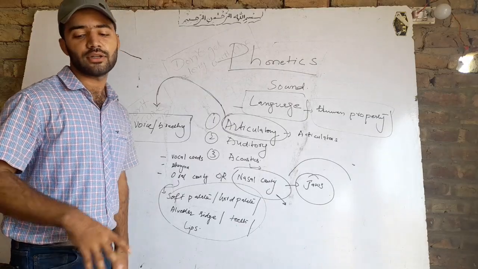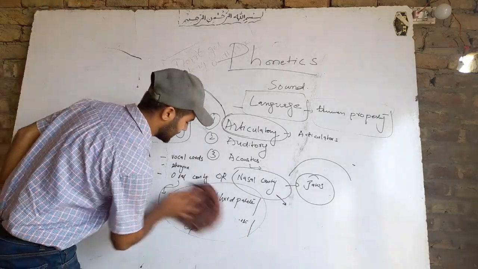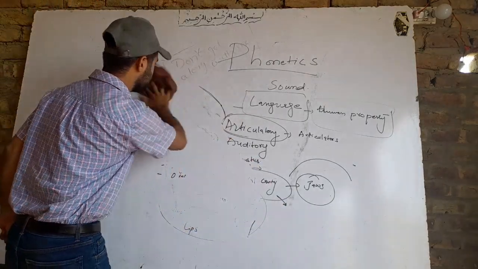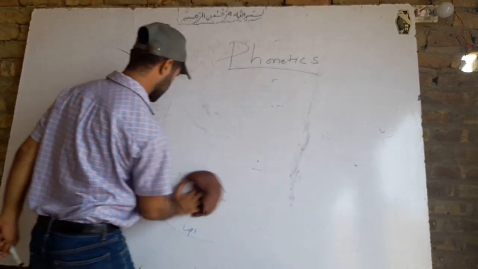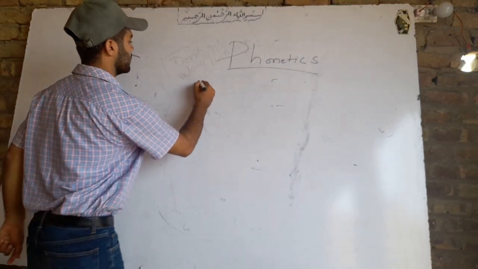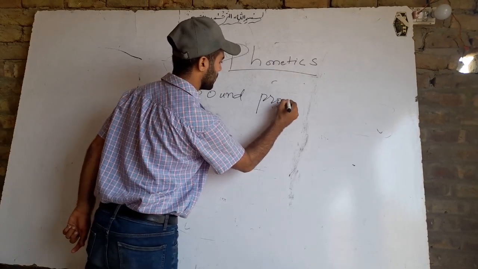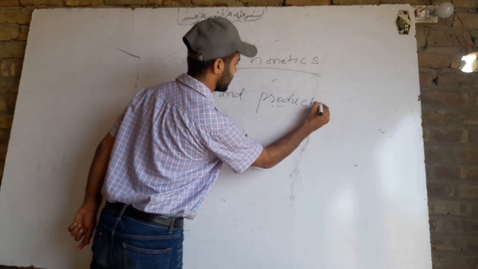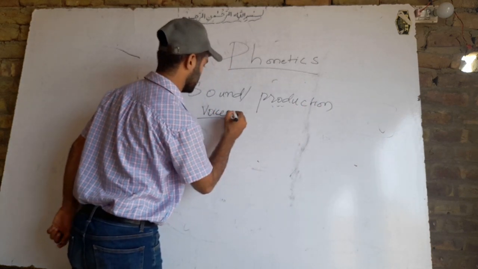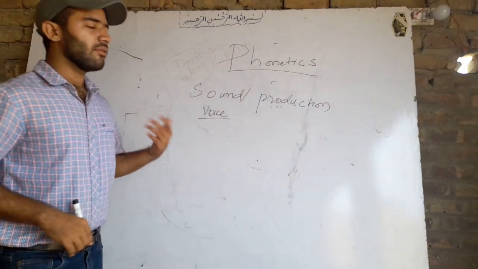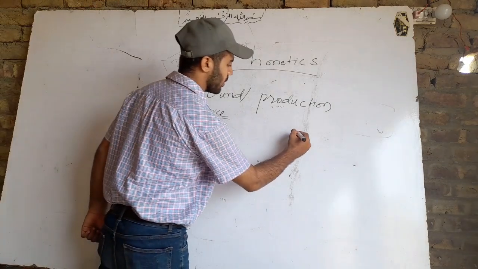So now let's talk about how sounds are produced. As I already mentioned, sound is the result of disturbance or obstruction in airflow.